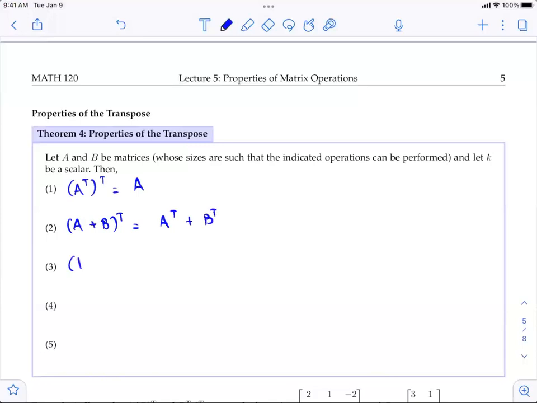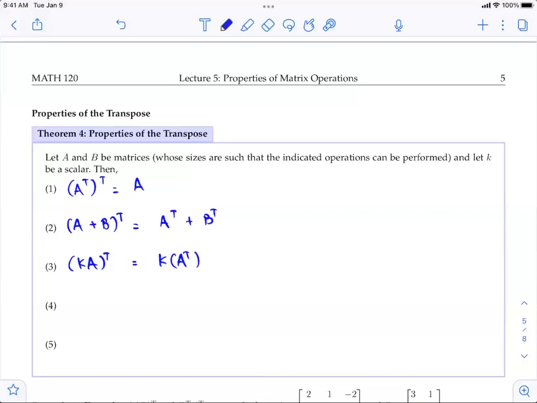The transpose of a scalar multiple of a matrix A is equal to k times A transpose. What it says is that you scale the matrix A and find the transpose, or you can just do the transpose first and then scale the resulting matrix later.